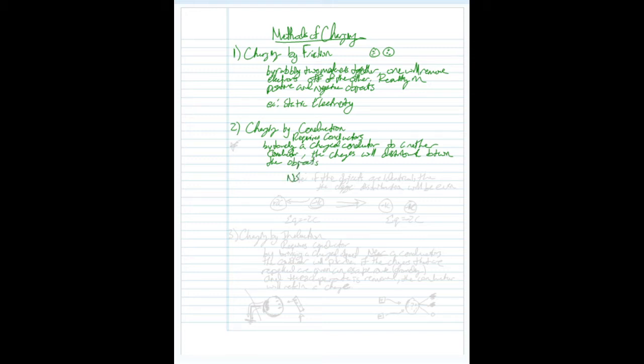Note, if the objects are identical, that means they're the same shape and size, the charge distribution will be even.